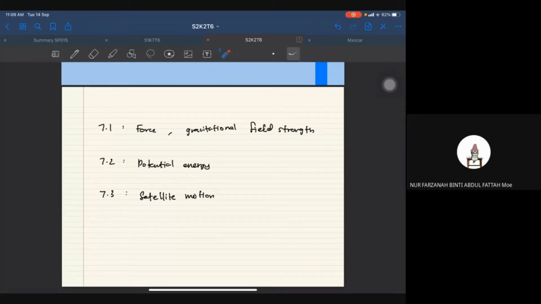Apa saya nak buat lupa. Okay. Try to find the formula sheet. Try to find it.